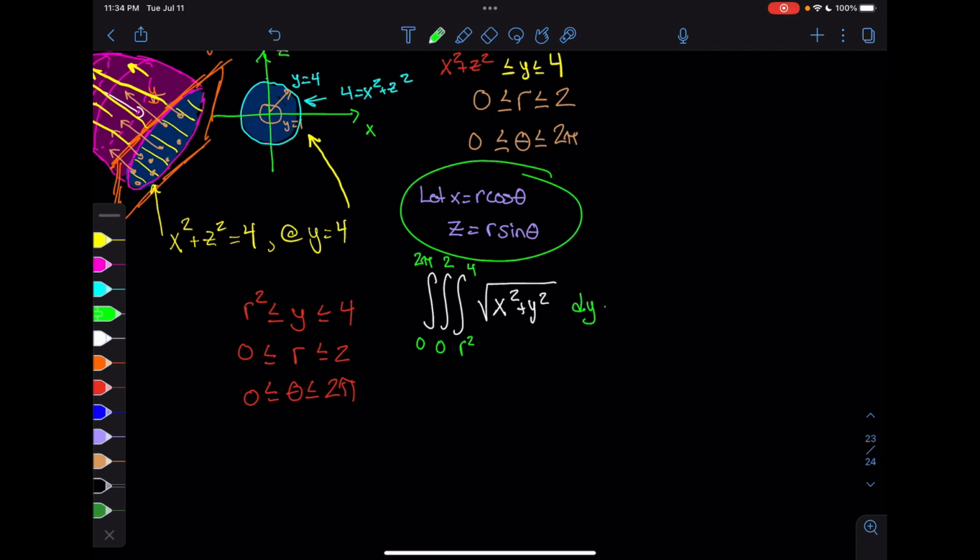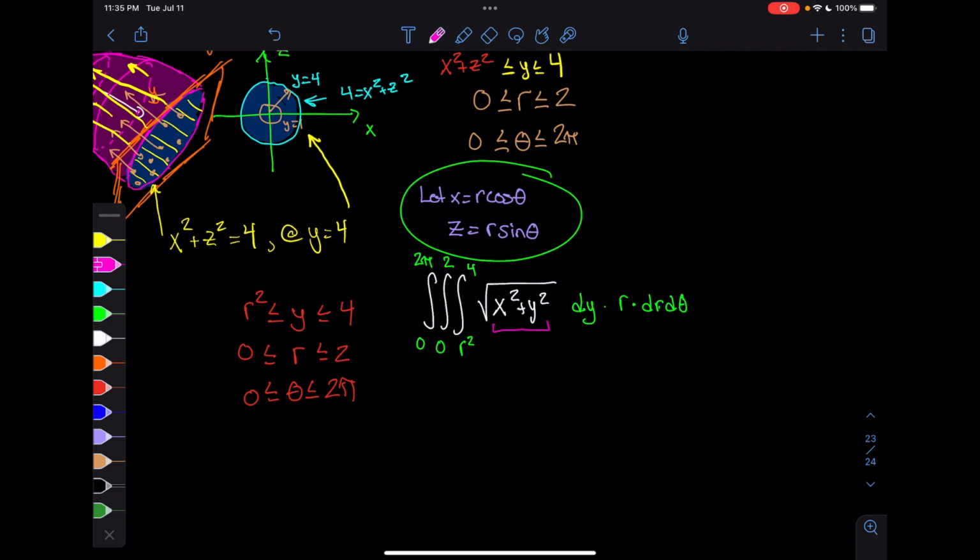Now remember, we went to polar coordinates, so we still have to do this extra r and then dr d theta. That's what we have to do here. So we're not quite done, although we've made good progress. We are now almost all the way in cylindrical coordinates. The only thing that's left to do is the fact that we need to properly move this function from xyz land into r and theta land.